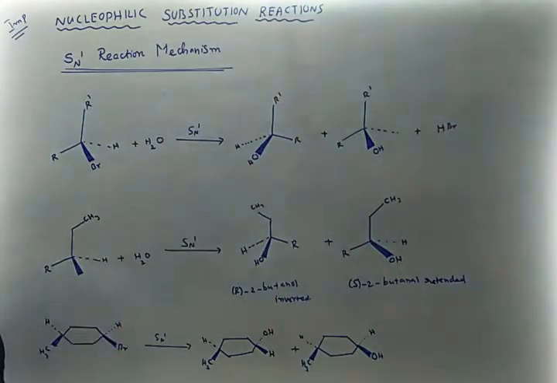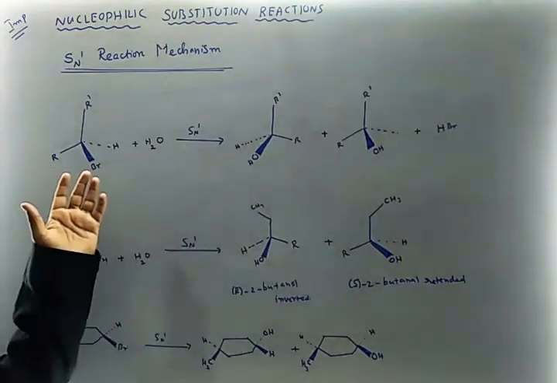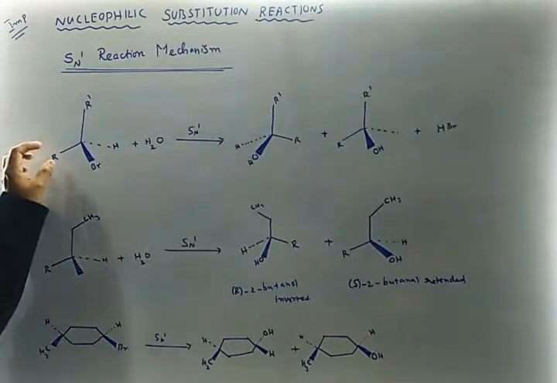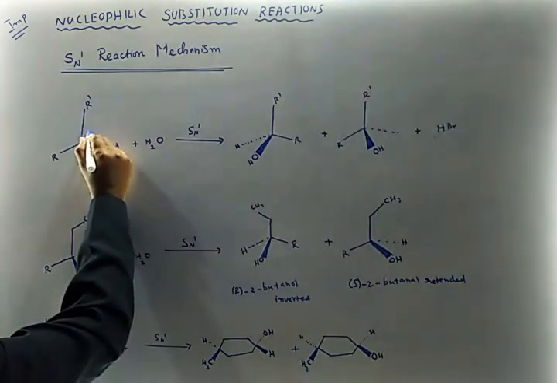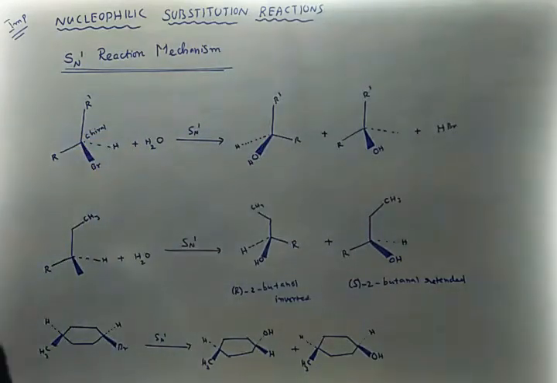As we discussed, in the Sn1 reaction of an alkyl halide where the leaving group, here Br, is attached to the chirality center, two stereoisomers are formed.